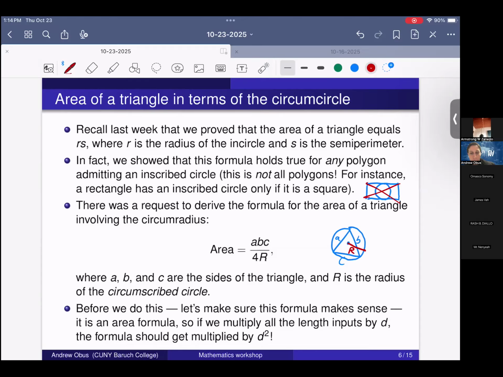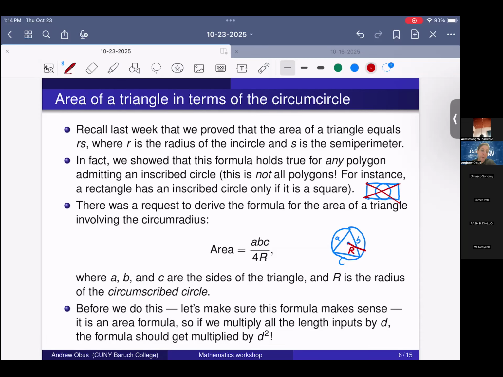Remember what we talked about 2 weeks ago: an area is a two-dimensional quantity, which means that for any area formula, if you multiply all of the length inputs by some constant, then the area should get multiplied by the square of that constant.